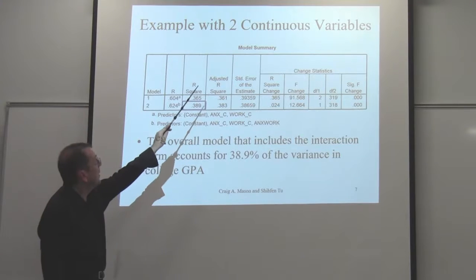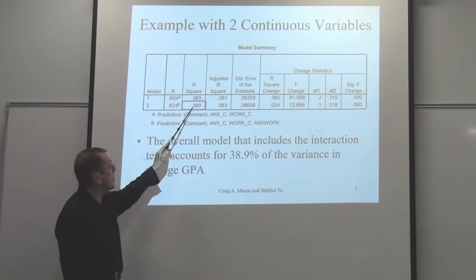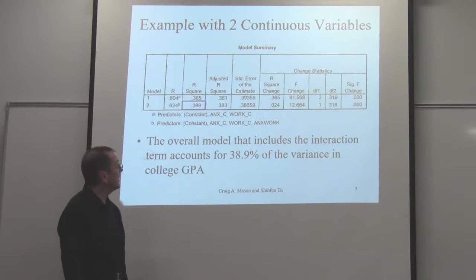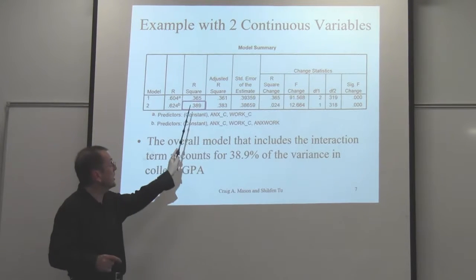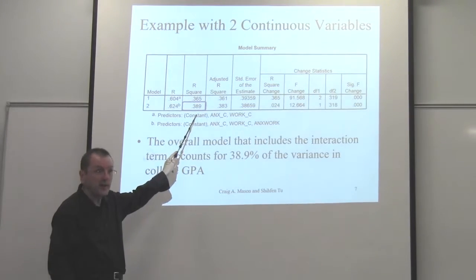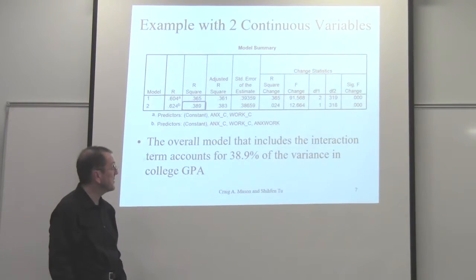If we look at the model summary, that overall model accounts for 38.9% of the variance in GPAs. The ANOVA just told us that 38.9% is significant.